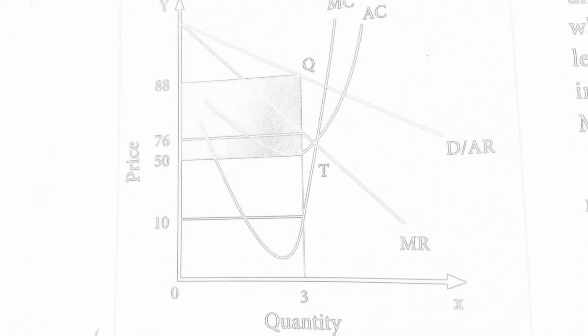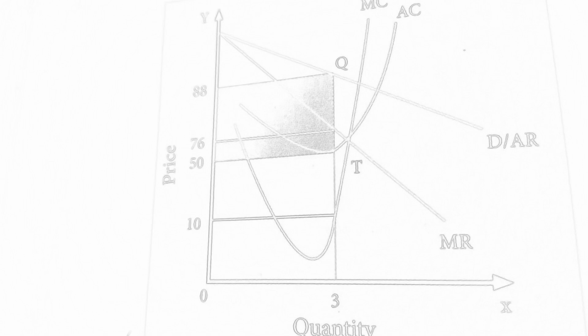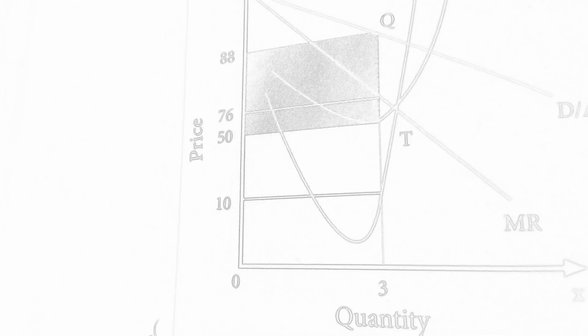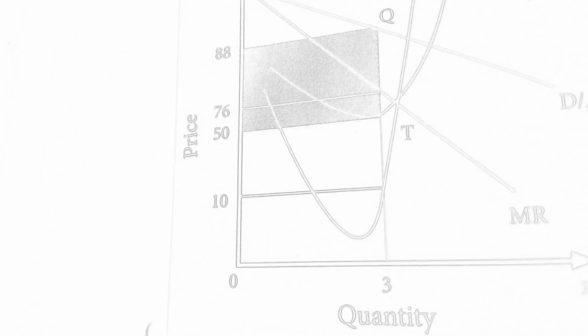When does the monopoly get the level of profit? Where marginal revenue is equal to marginal cost. To check how much profit the monopoly is making at the equilibrium output, the average revenue curve and the average cost curve are used. The difference between average revenue and average cost is the profit per unit.